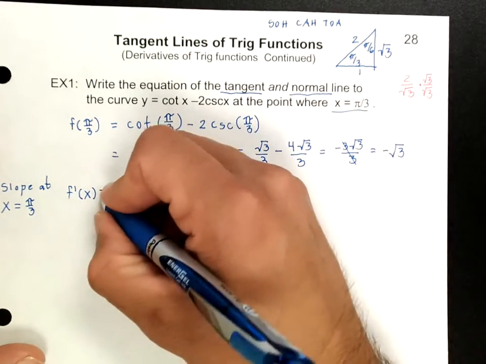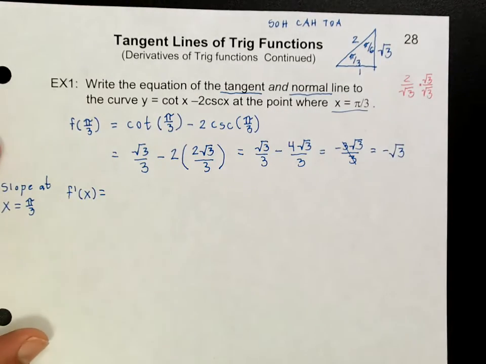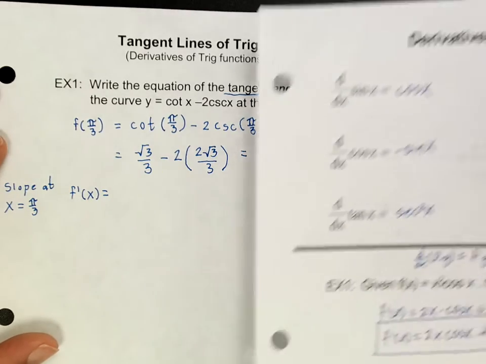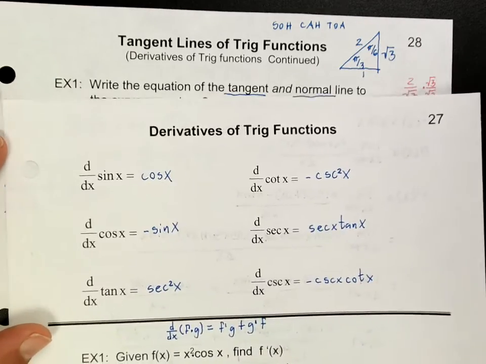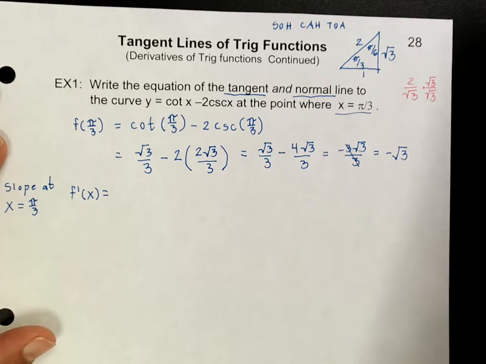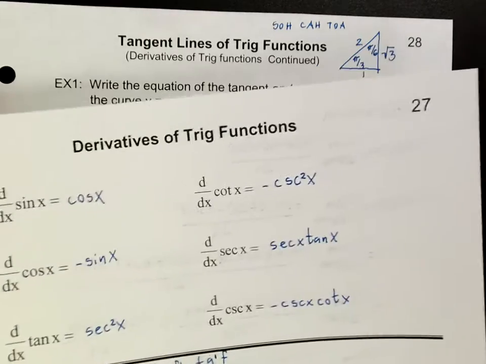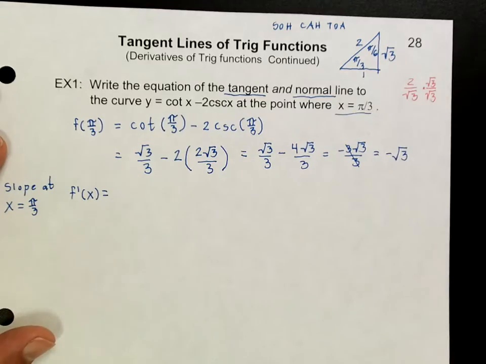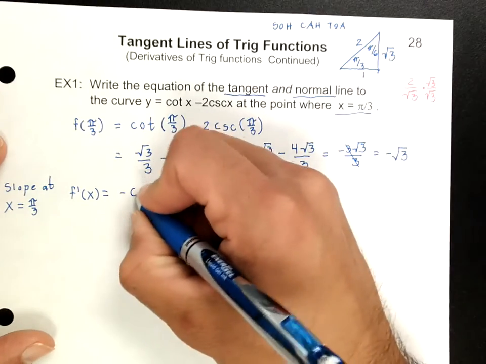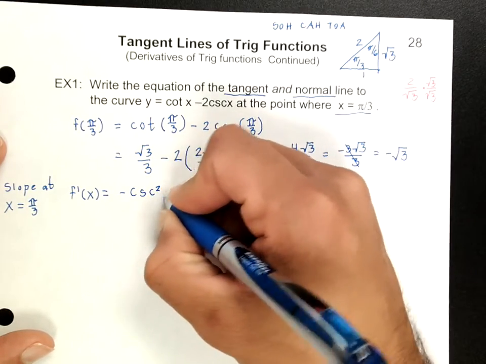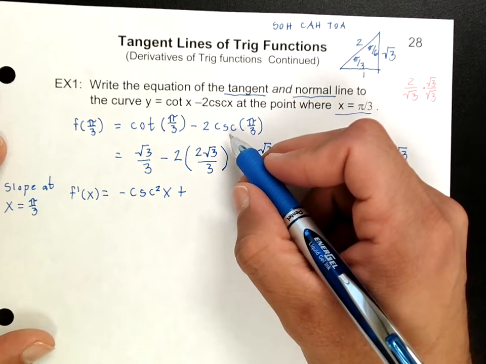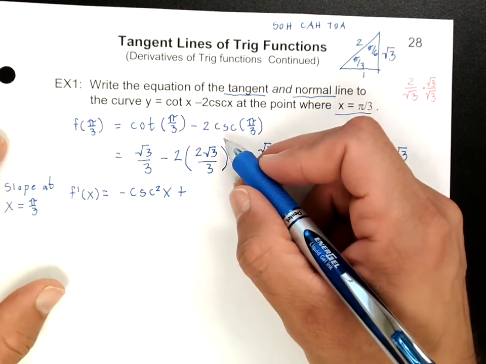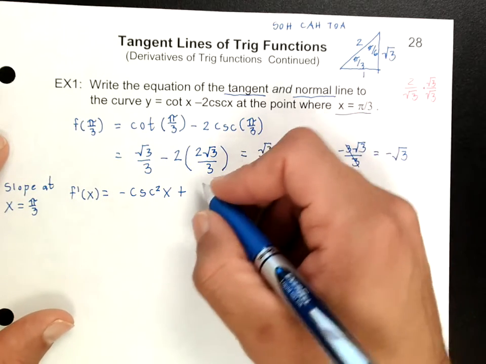Hopefully, if you don't remember the derivatives, which is fine, they're in your notes from last time, or on 27. So the derivative of cotangent is negative cosecant squared. So we have negative cosecant squared x plus the derivative of cosecant, which is negative cosecant cotangent.